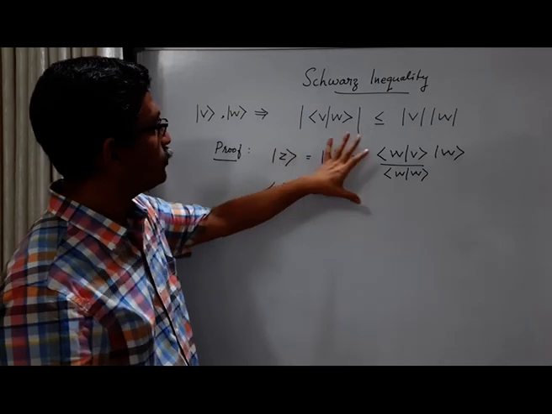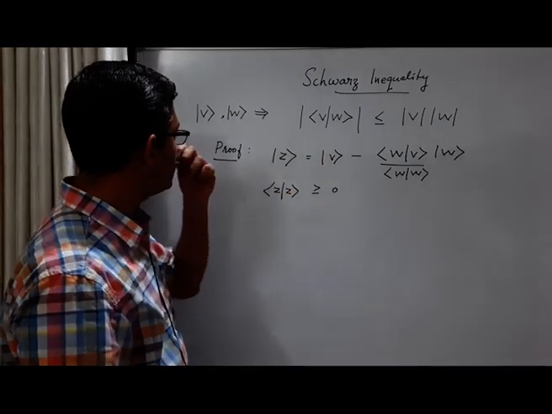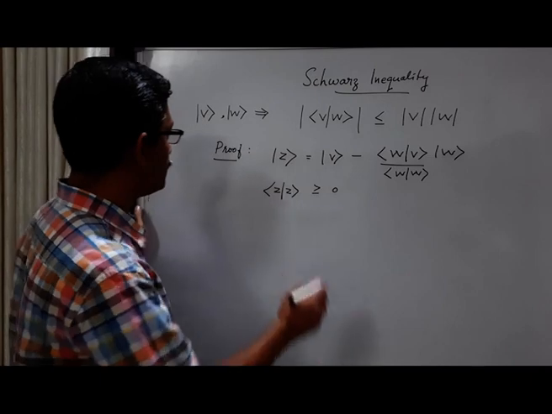Okay, so then let us substitute for z. So this is ket z. Then what is bra vector z?